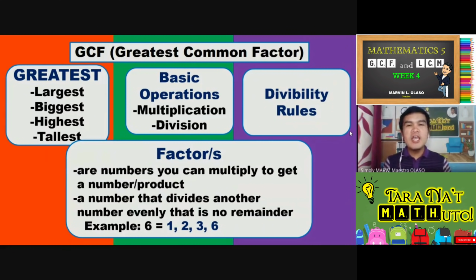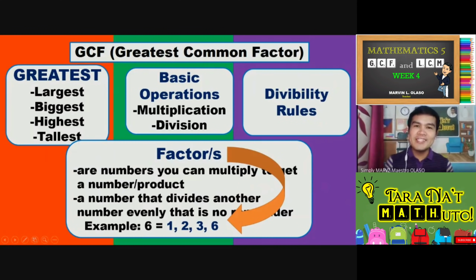As you can see, when we say factors, these are the numbers that you can multiply to get another number or a product. Okay? And also this factor means that a number that divides another number evenly. So for example, 6 can be divided by 1, 2, 3, and 6 without any remainder. So therefore, ang 1, 2, 3, 6 ay mga factors ni 6.